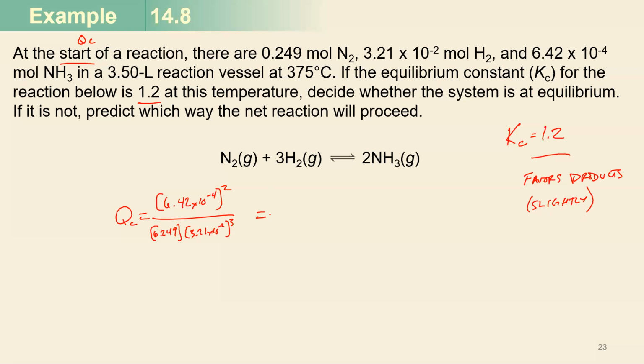Qc, plug it in. 6.42 times 10 to the negative 4, quantity squared, divided by 0.249 times 3.21 times 10 to the negative 2, quantity cubed. Oops, I did to the 32nd, not to the second. 6.42 times 10 to the negative 4 squared divided by 0.249 times 3.21 times 10 to the negative 2 quantity cubed.